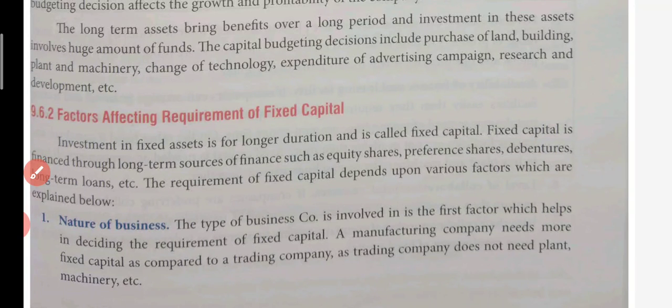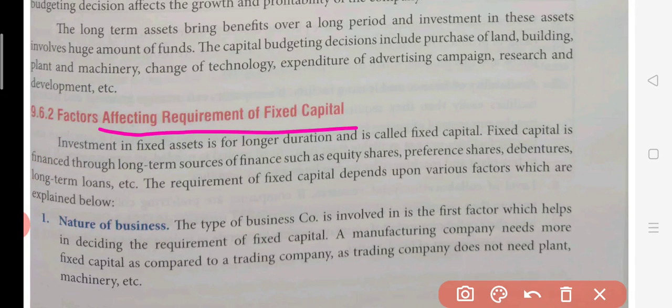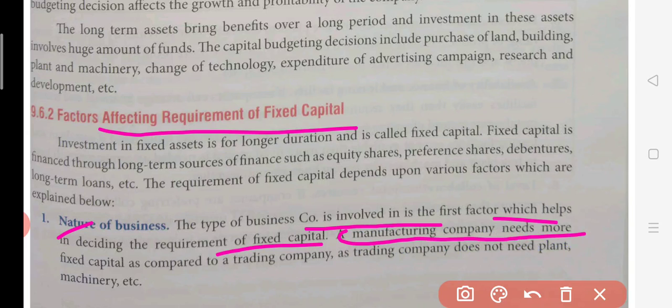Now, the factors affecting the requirement of fixed capital. What are the factors which are going to affect this fixed capital? Basically, it is the nature of the business. The type of business the company is involved in is the first factor which helps in deciding the requirement of fixed capital. A manufacturing company needs more fixed capital.